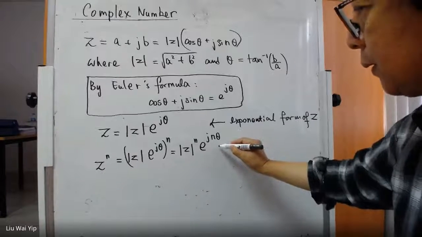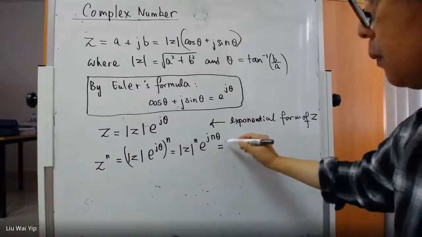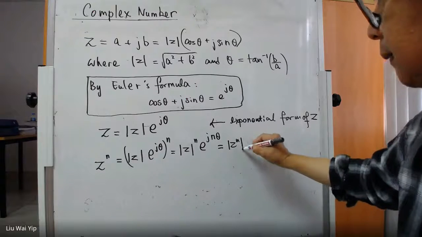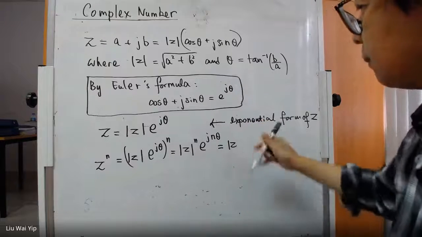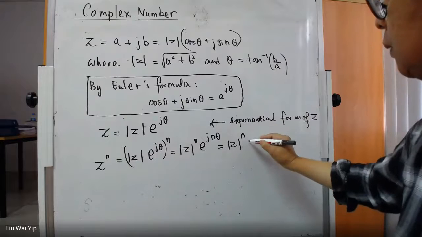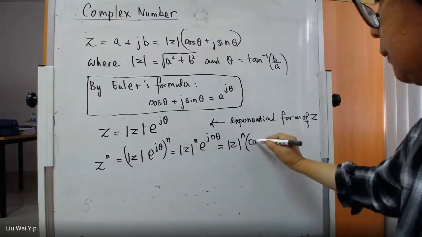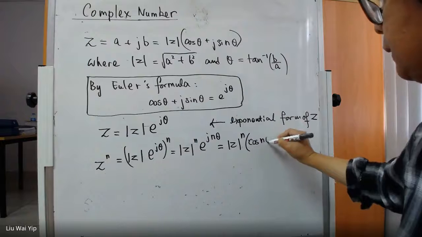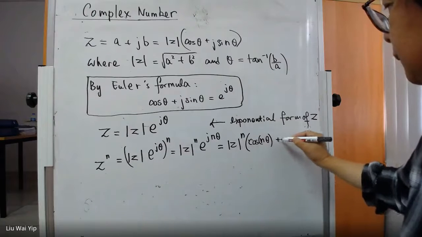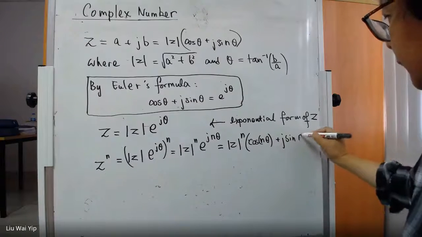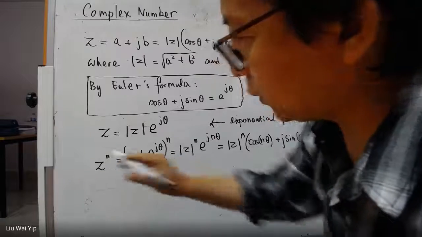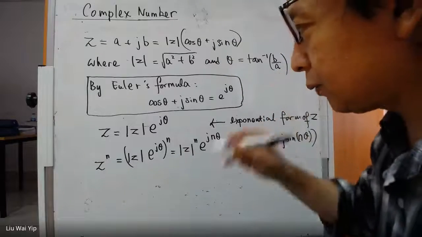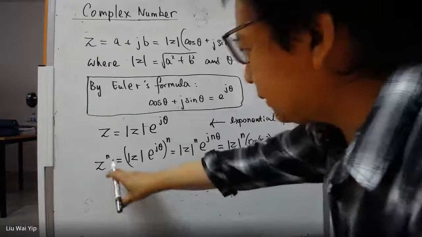This guy is going to be, in brackets, cos n theta plus j sine n theta. So this is what we can do for Z to the power n.